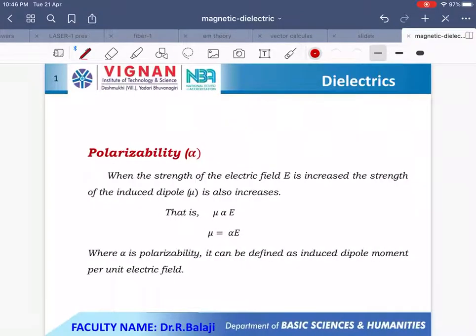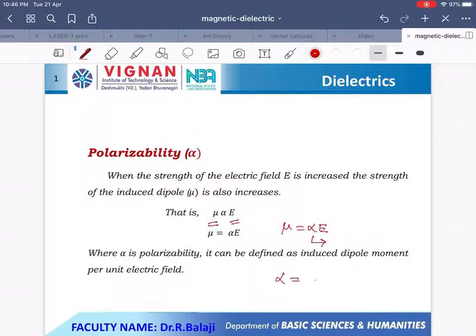Now polarizability. The generated dipole moment value depends upon the electric field intensity. As the electric field intensity increases, the negative charge and positive charge are displaced a greater distance, and the distance between the two charges increases, so the dipole moment value also increases. So mu is directly proportional to E, and mu is equal to alpha into E, where alpha is known as polarizability.